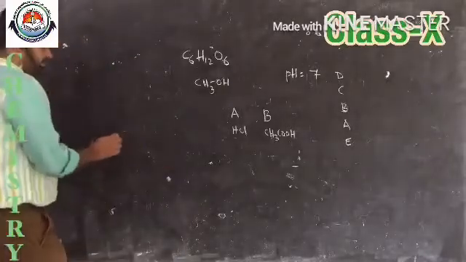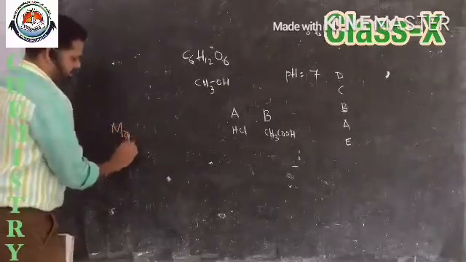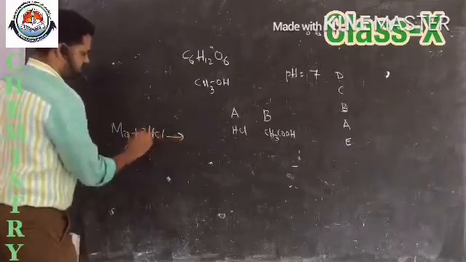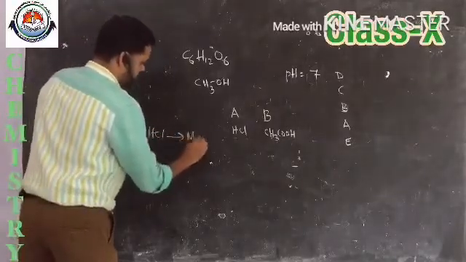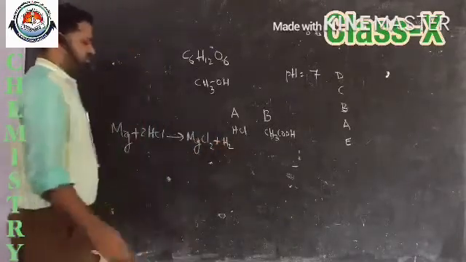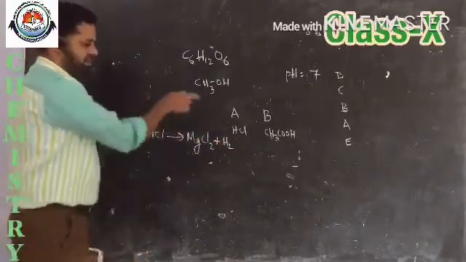In test tube A, magnesium reacts with HCl. So magnesium plus HCl gives MgCl2 plus H2. This is the reaction happening in test tube A.